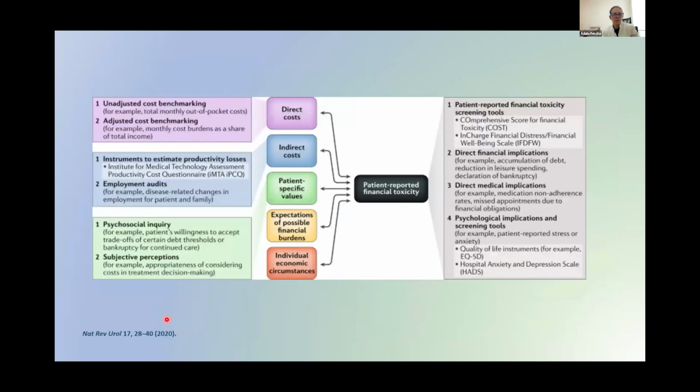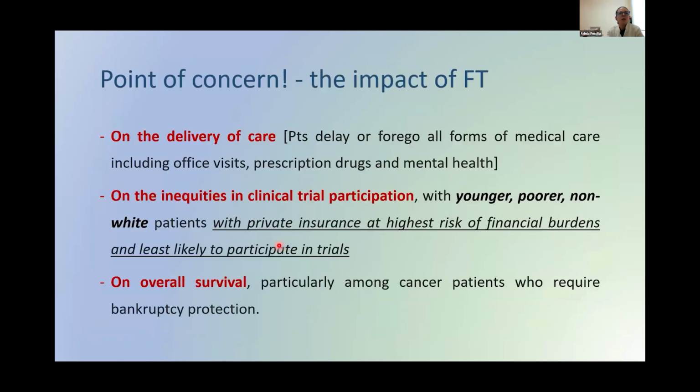And here is a schema presenting what I said, what the patient-reported financial toxicity is: direct cost, indirect cost, patient-specific values, expectations, and individual economic circumstances.